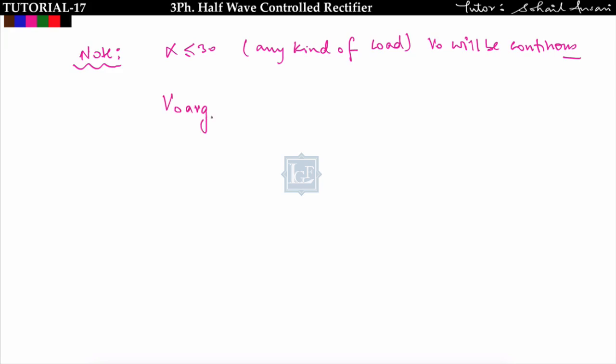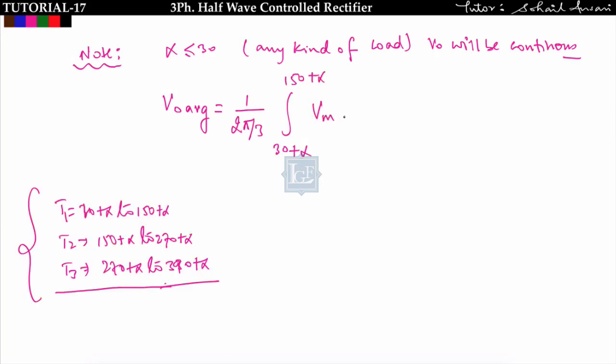V0 average is equal to 1 upon time period, that is 2 pi by 3, and it is conducting from 30 plus alpha to 150 plus alpha, and it follows the input voltage Vm sin omega t. And remember, I have already told you in the previous lecture that Vm is the maximum phase voltage.